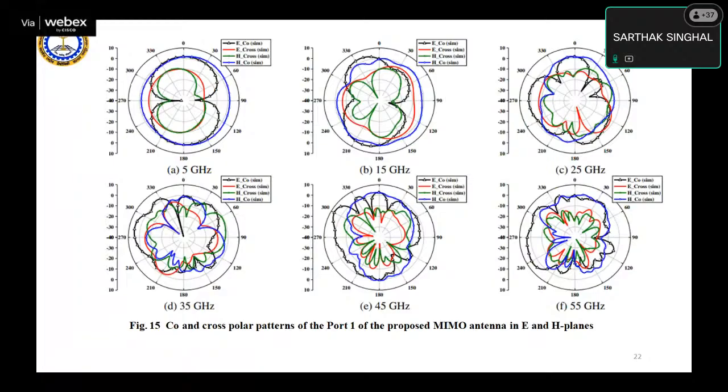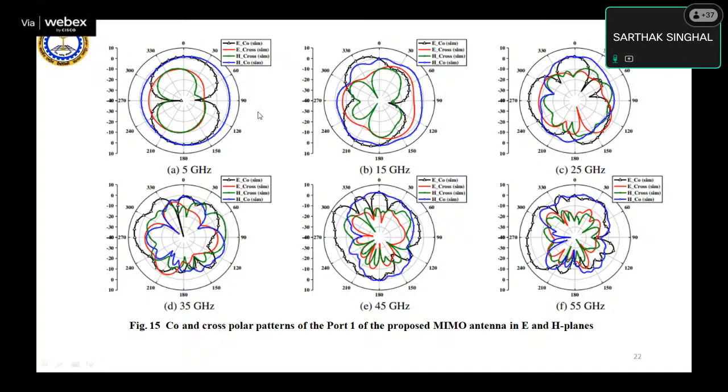In the E plane, the cross polarization pattern at 5 gigahertz is lower by 20 dB along the broadside direction, but at certain points it is greater than the co-polarized E-plane pattern.